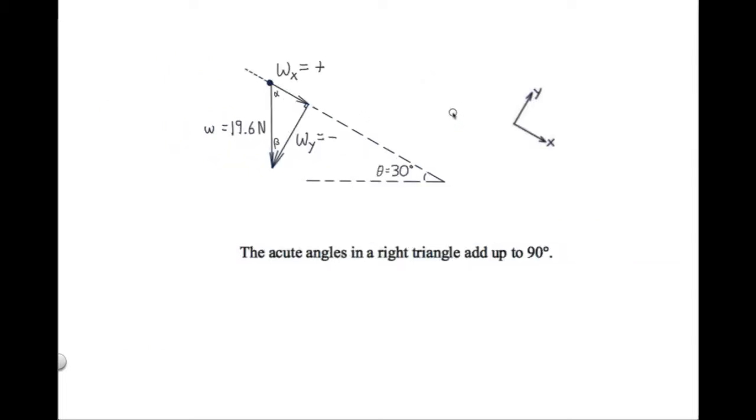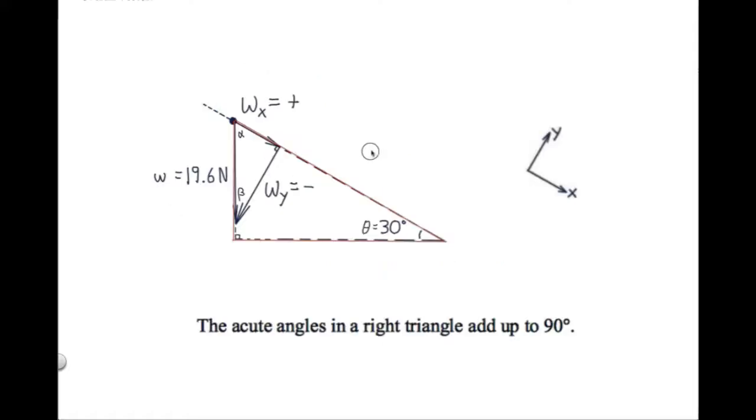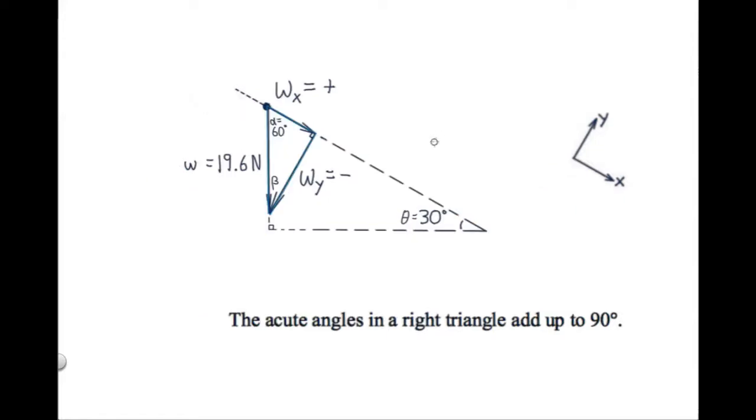Now we have to use geometry to figure out the angles inside this right triangle. We can start by extending this vertical line down and extending the horizontal line across to make a large right triangle. Now we examine this large right triangle that I've outlined in color. The acute angles in the large right triangle are alpha and theta. That tells us that alpha is 90 minus 30, so we can say alpha is 60 degrees.